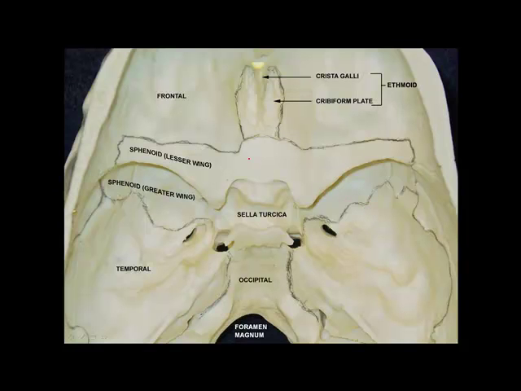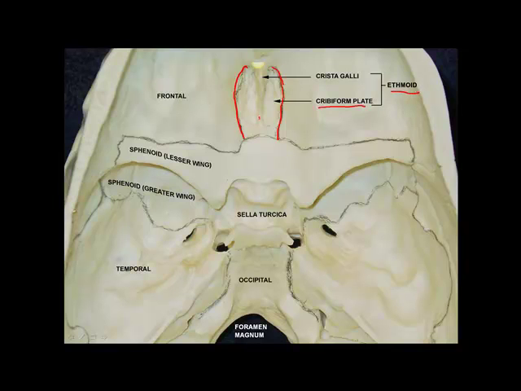Okay. So if we open up the skull, take the top off the calvarium, we're going to see right here the cribriform plate of the ethmoid bone.